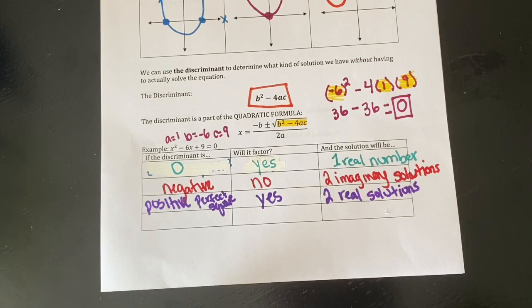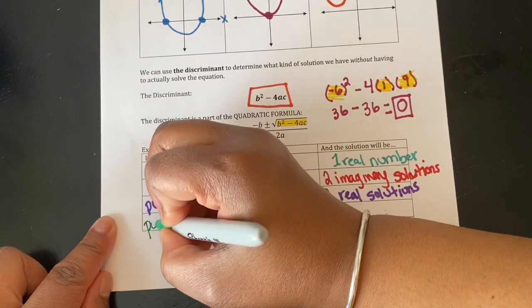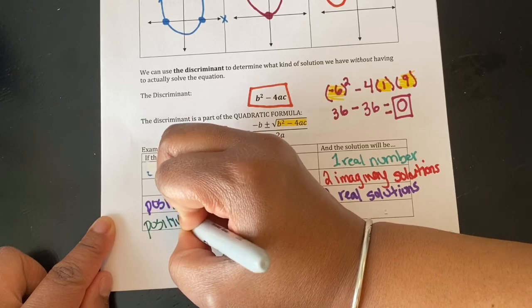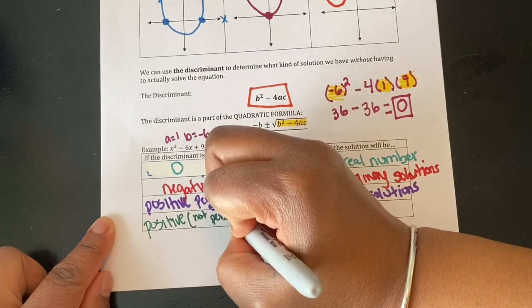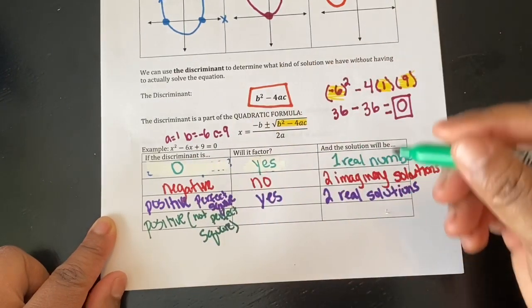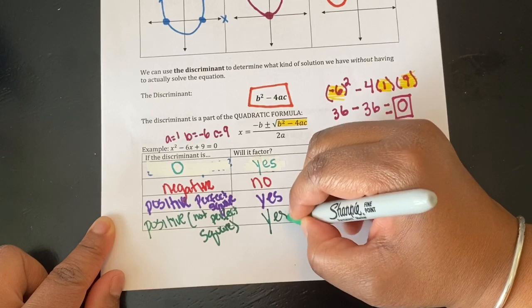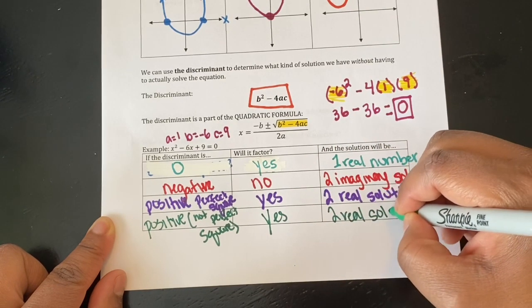And then lastly, if the discriminant is positive and it's not a perfect square, okay, it also will factor and it will also have two real solutions.